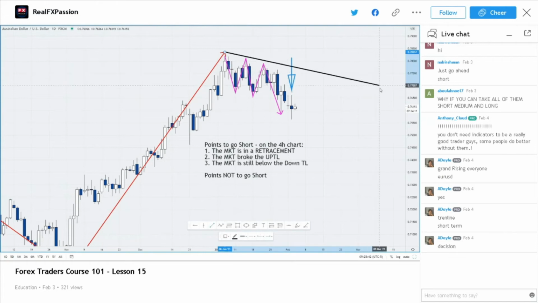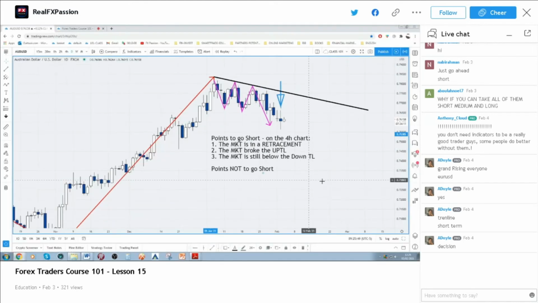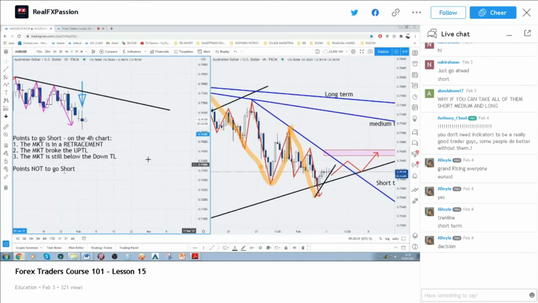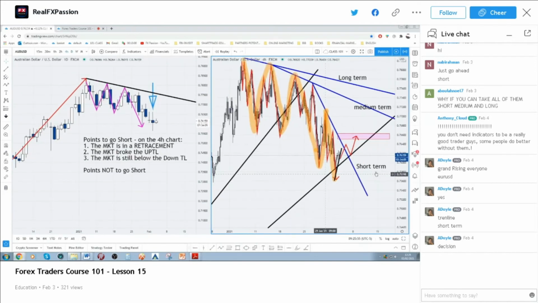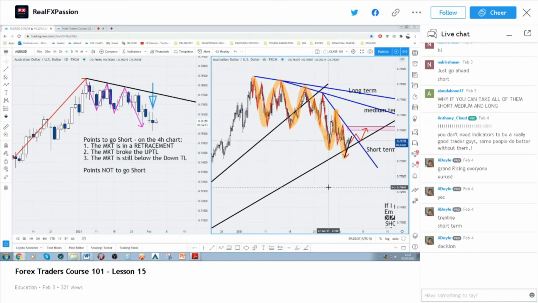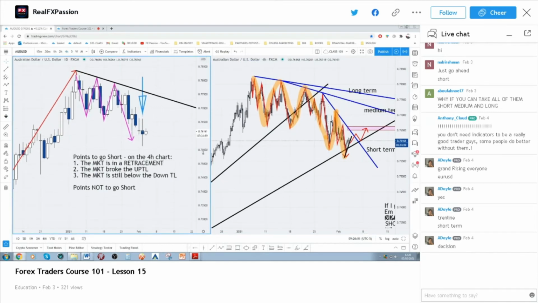So the daily is the confirmation time frame, and the points to go short, before shorting the market, before shorting the blue, from the daily standpoint: the market is in a retracement, meaning it's making lower lows, lower highs.